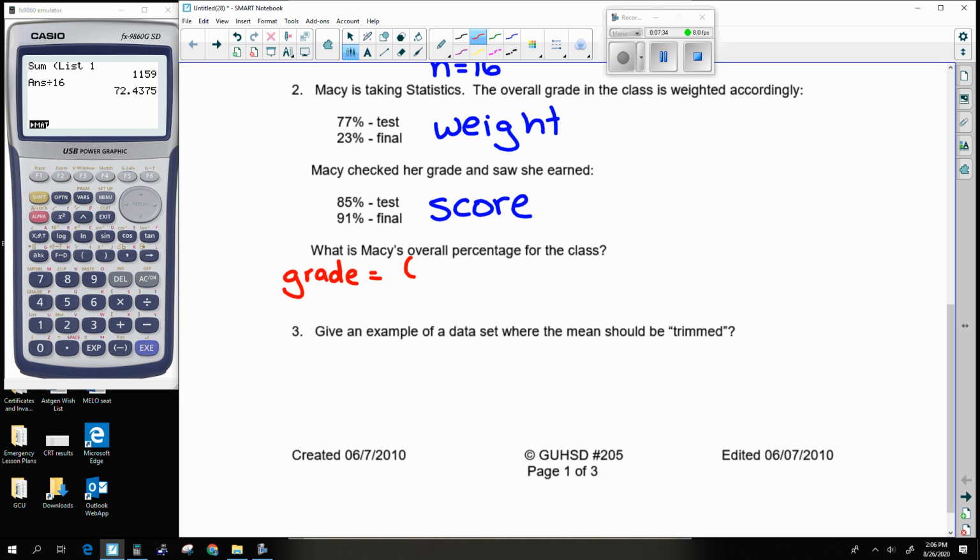So let's go with the tests. And then the final. So the scores were the 85 and the 91, and the weights were the 77 and the 23. So you divide by just the weights.